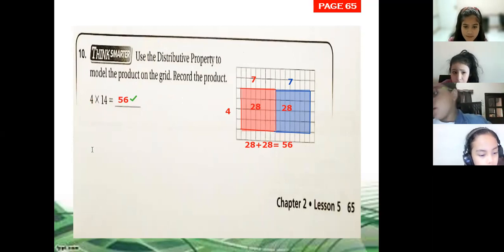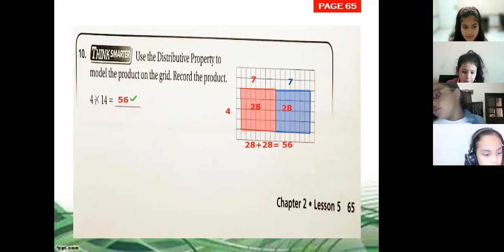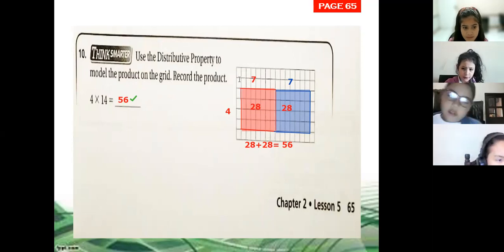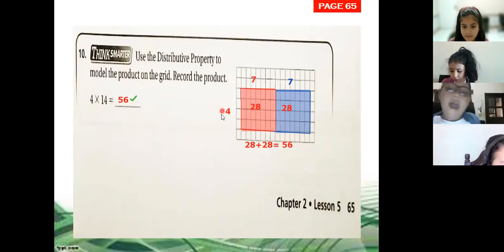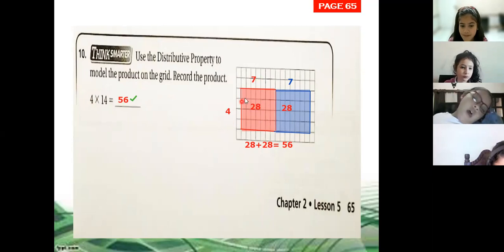So the distributive property says that you multiply 4 times 7 because we break 14 into two numbers. This 4 is this one, I just copy it here. I multiply 4 times 7 equal 28.